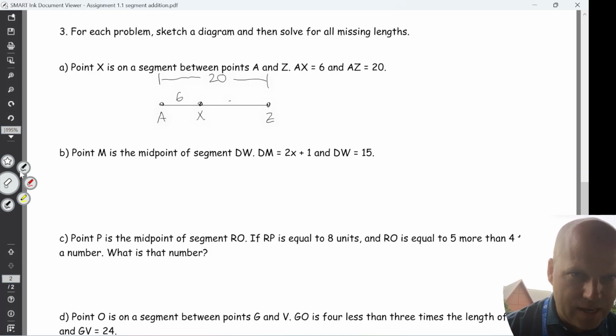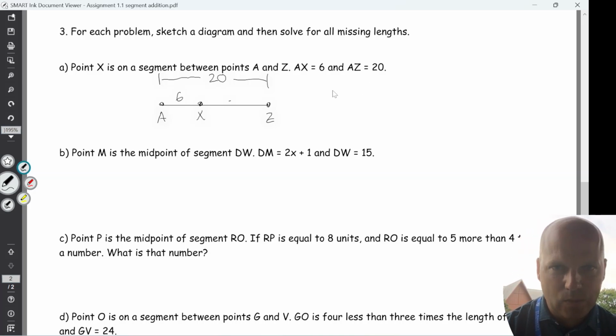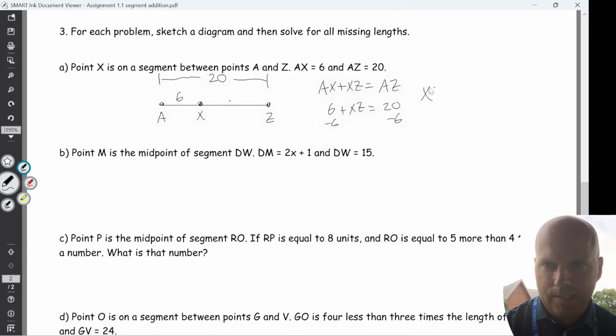Well, how do I figure out XZ if AZ is 20 and AX is 6? Hopefully you're thinking we need to subtract because AX plus XZ has to equal AZ. XZ must be 14.